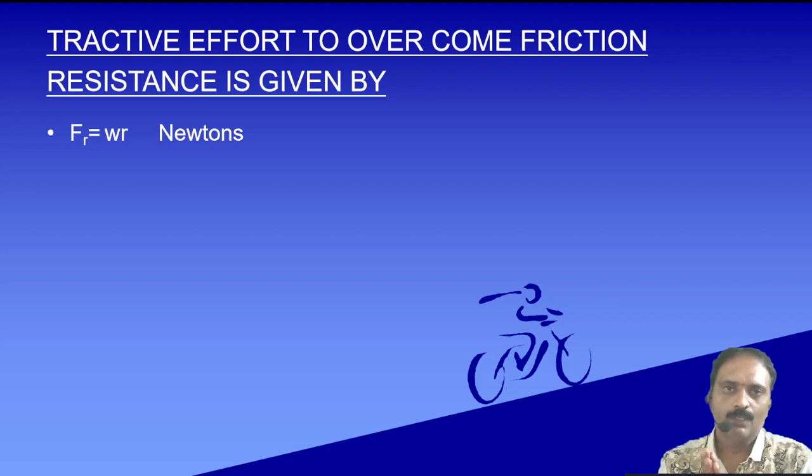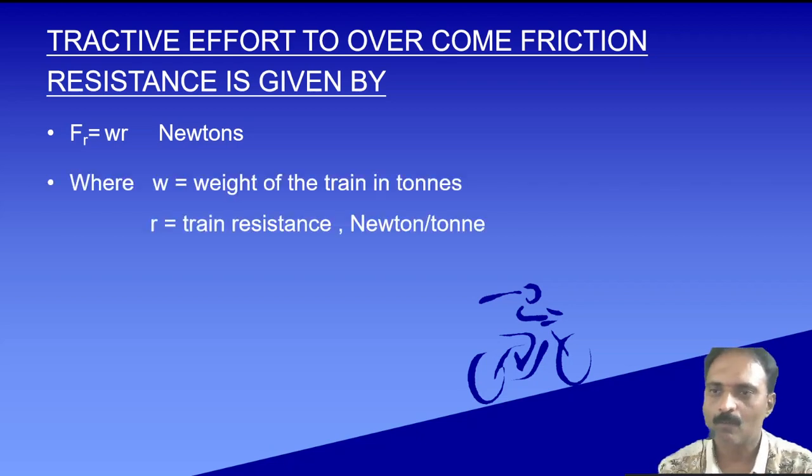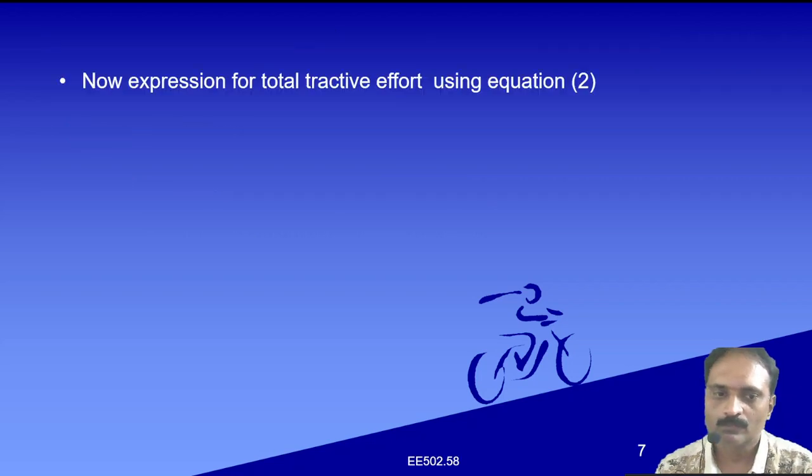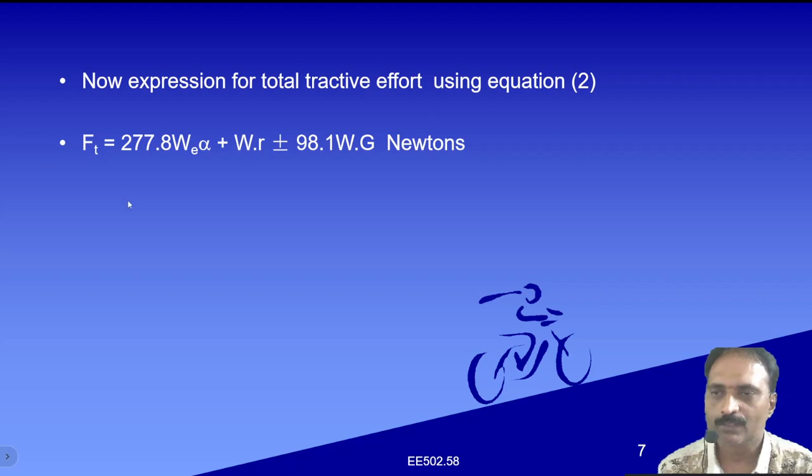So the total tractive effort now becomes F is equal to Fa plus Fr plus or minus Fg, where Fg is positive for upward gradient and negative for the downward gradient. So this is the final expression we are going to have.